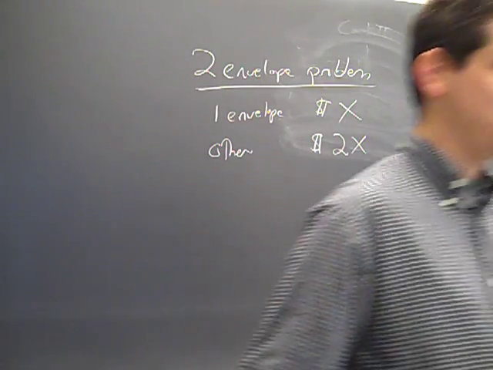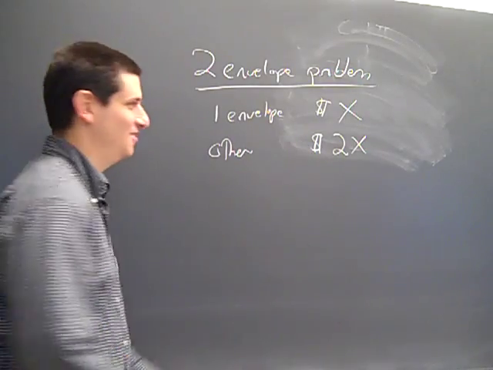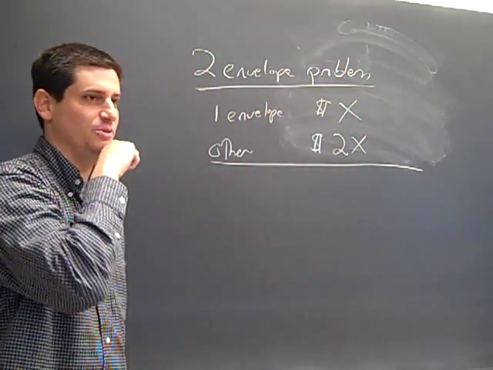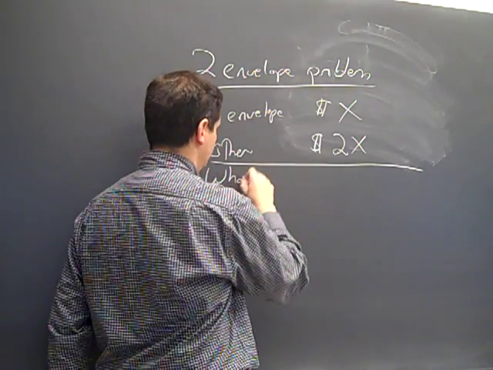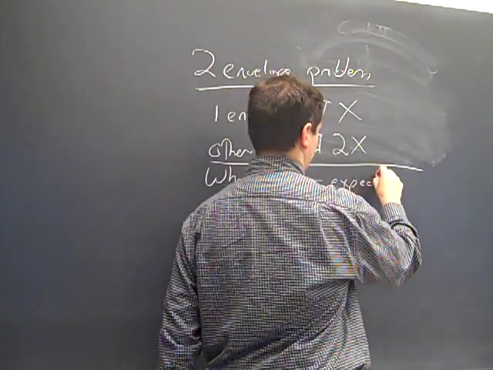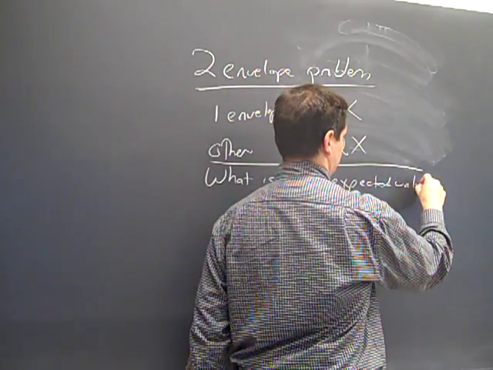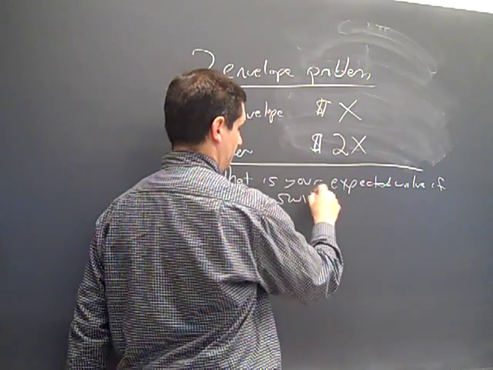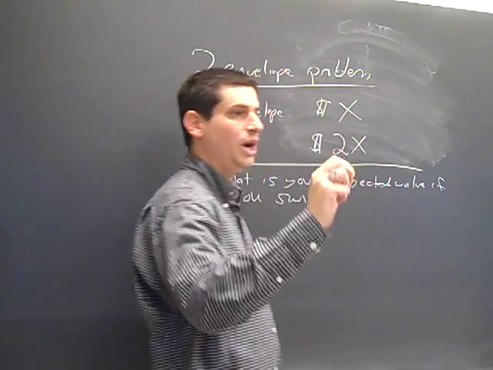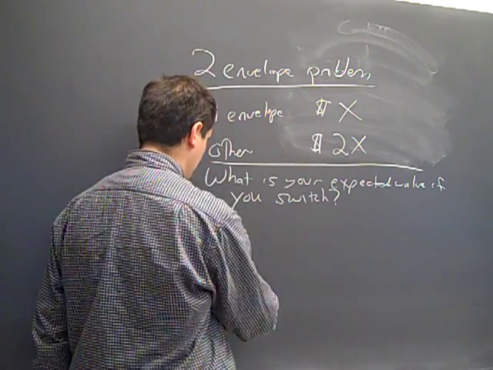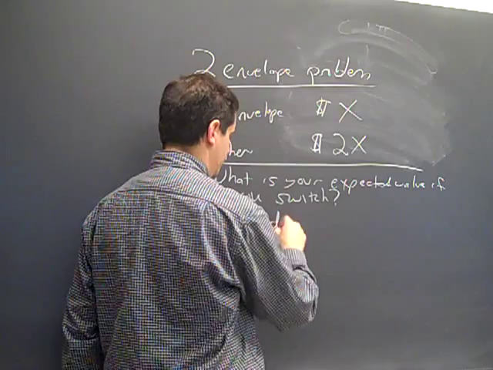Okay. Let's do some math first. This is a math class. Let's try to calculate your expected value if you switch. Do you know how much is in your envelope? No. Okay. So let's say you have D dollars.